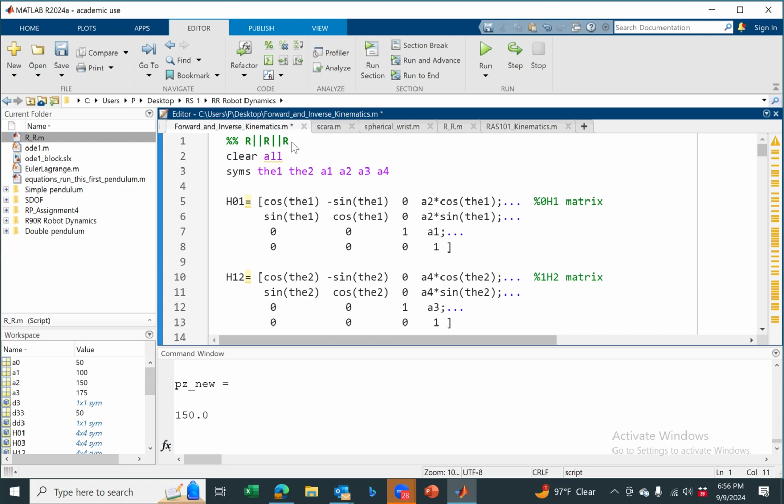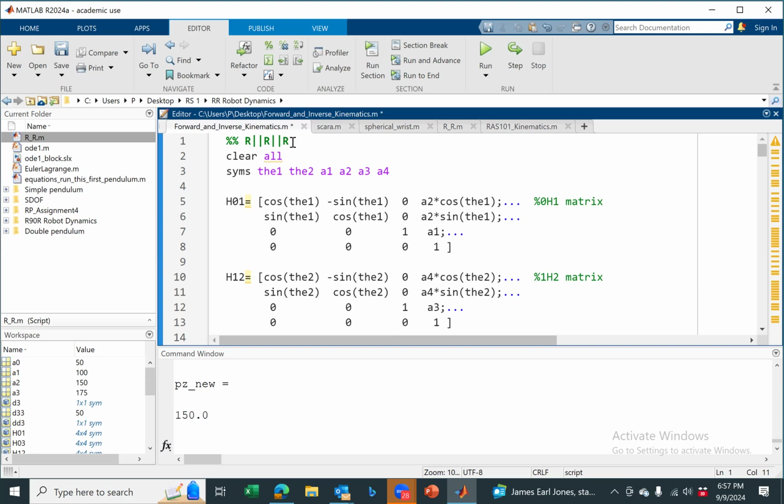Now, I'm trying to solve this problem symbolically, which means I want to find a closed form expression in terms of sines and cosines. So I'm defining the symbolic variables. Symbolic variables means they can remain as alphabets. They can remain as symbols.